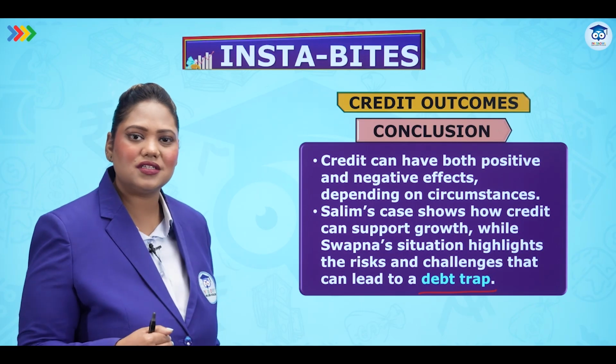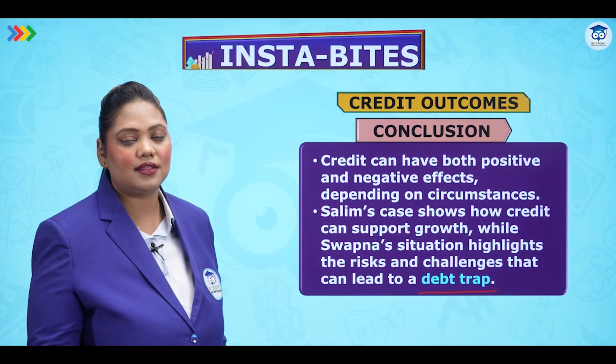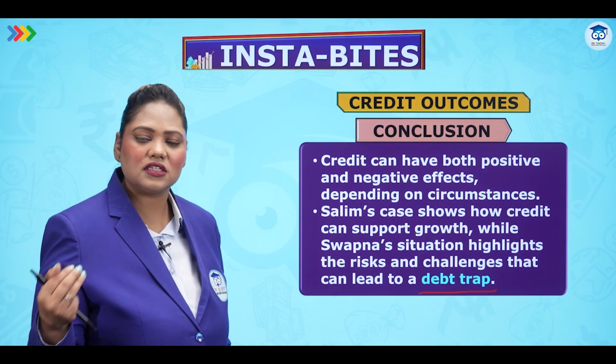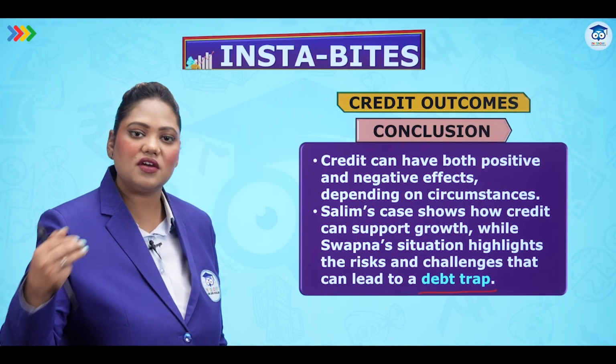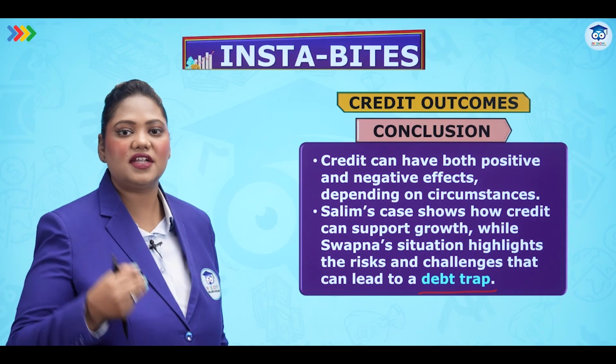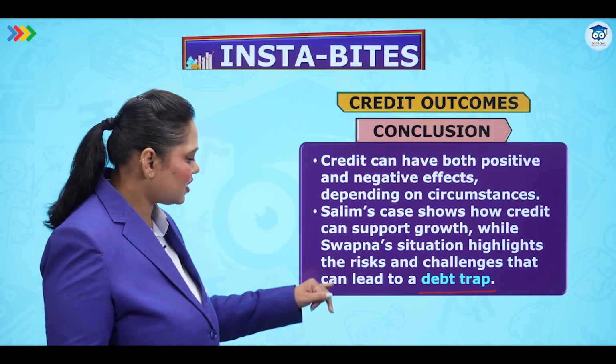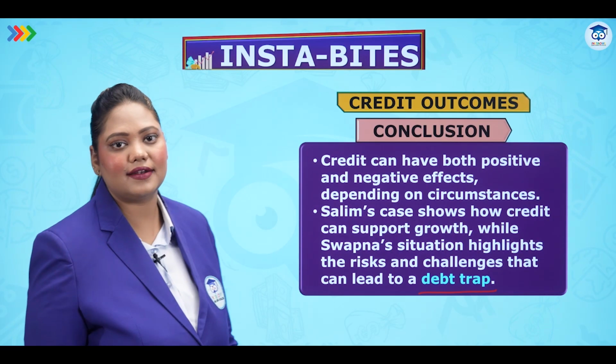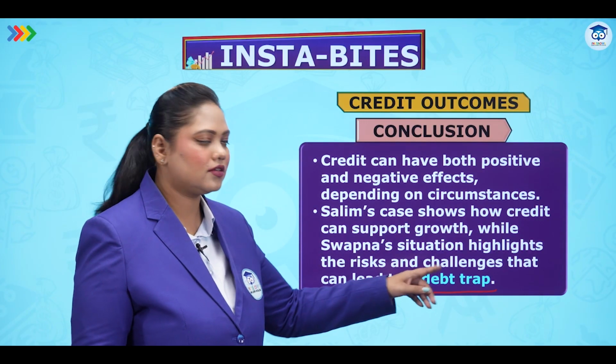So whatever she earns, she gives it back to the debt. That means to repay her loan. In such situations, you can see that the farmers never get out of that trap, that never-ending cycle of poverty. Such kind of risks and challenges can lead to something called as a debt trap.